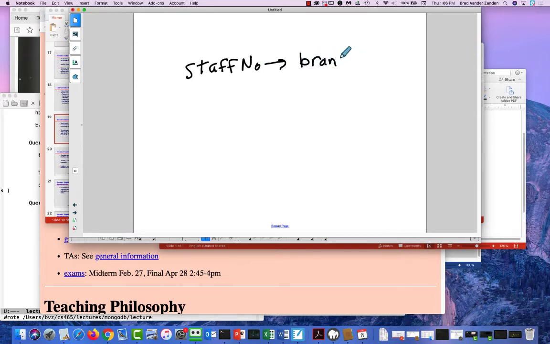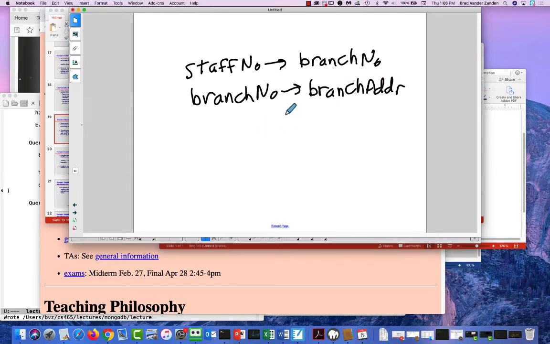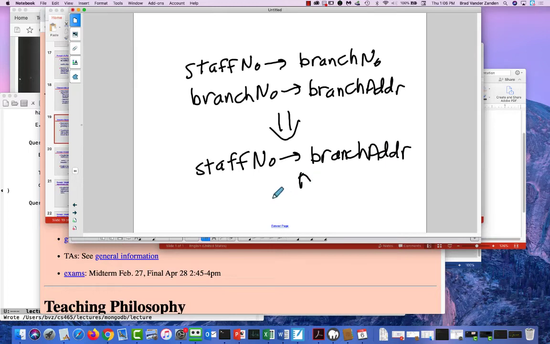So that is a functional dependency. We also know that the branch number determines the branch address. So there is a transitive dependency that staff number determines the branch address. Okay, this is a transitive dependency.